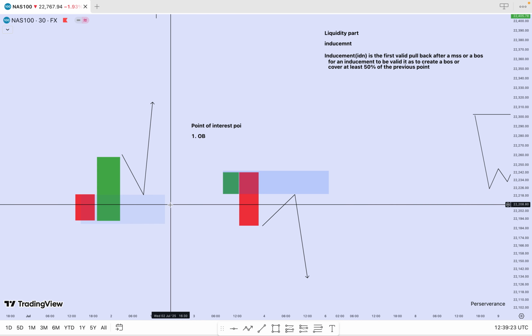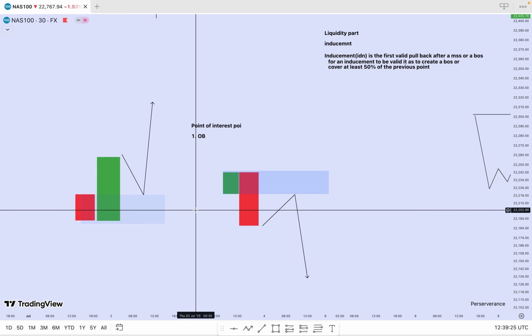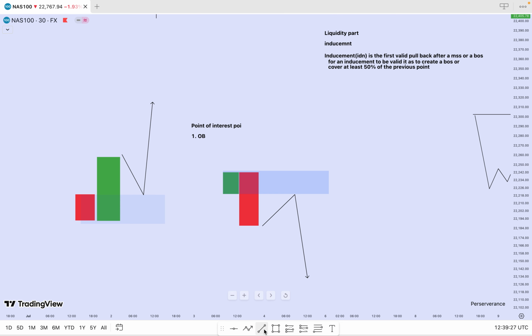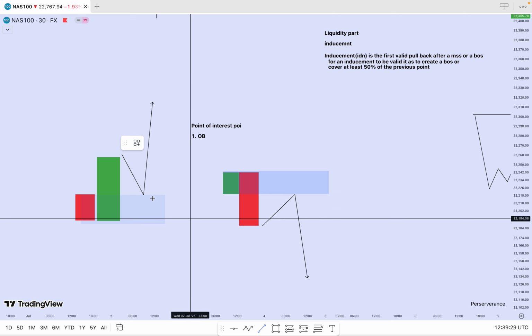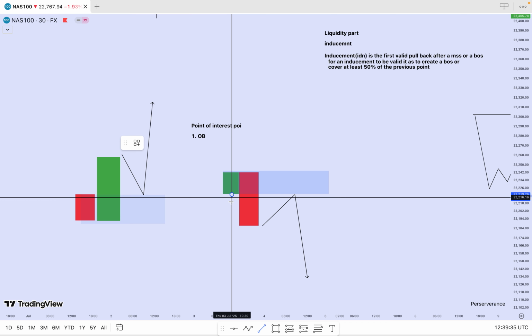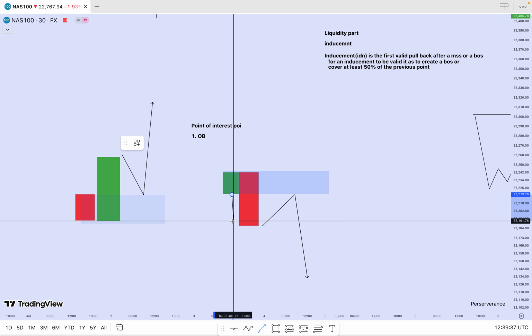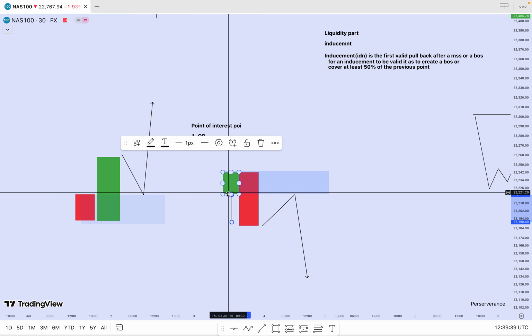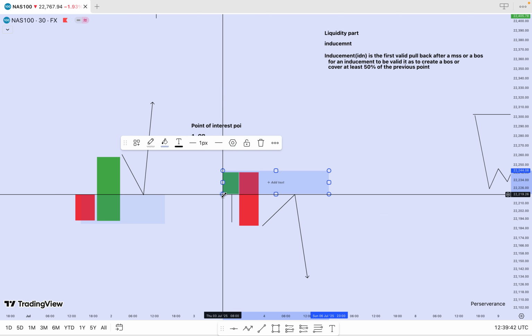Now, in the real chart, the candlestick is not always like this, because there might be a scenario whereby you have a candle wick. If the wick of the candle is longer than the body, then the body of the candle is actually short.